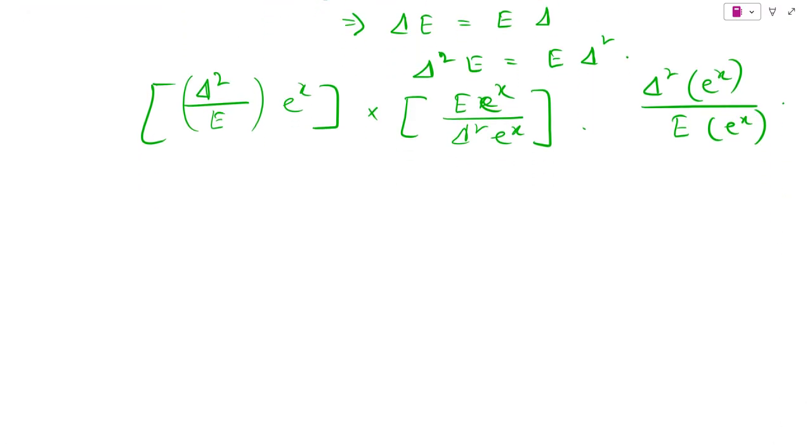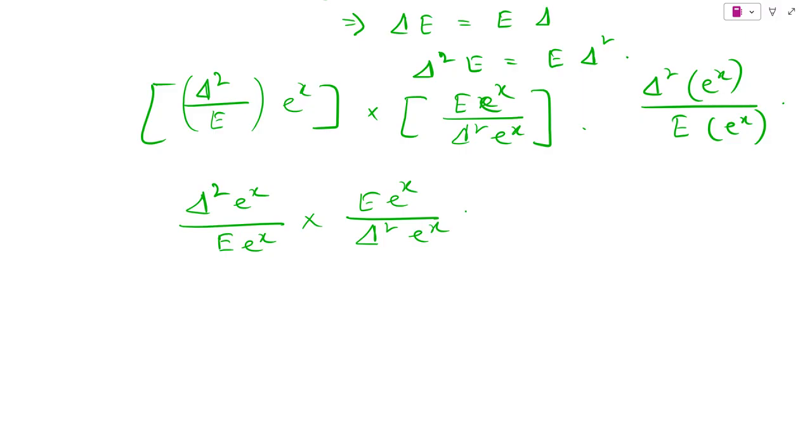Let's plug this interpretation back into our full product expression. So the expression is delta square e to the power x by E e to the power x, into e to the power x by delta square e to the power x. Now look at the numerators and the denominators. They are standard real numbers representing the values of the functions evaluated at x.